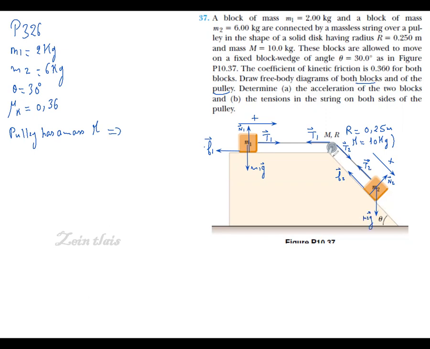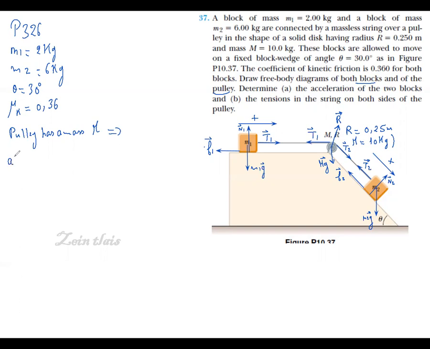About the pulley, as you know, we have T1, T2, and the weight M times G, and the reaction R. We have mg and the reaction. I think that's all about the forces applied on each object.